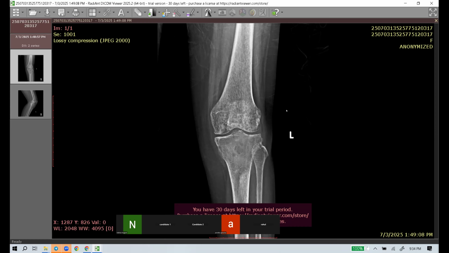Similar small lucencies are also noted in the distal femur. I'm not able to appreciate any other obvious lytic lesions in the rest of the visualized skeleton. No obvious pathological fracture is noted. And I would like to see the findings on the orthogonal view if possible.